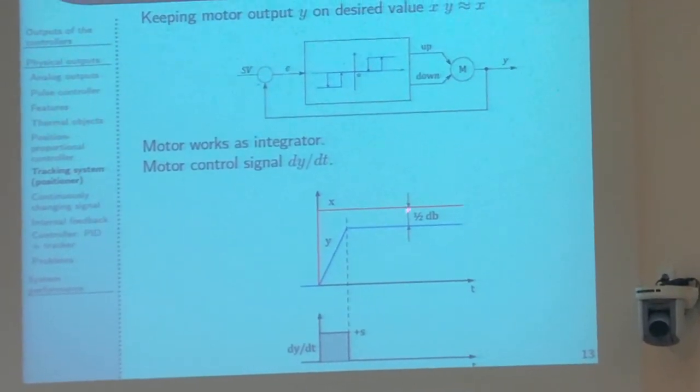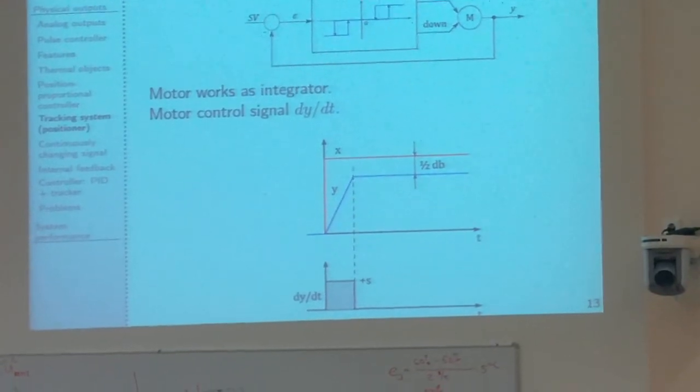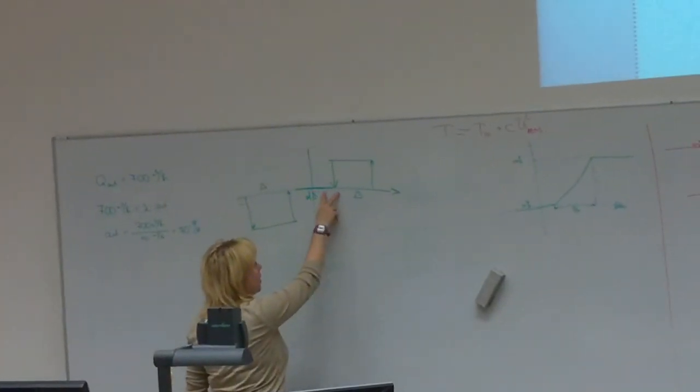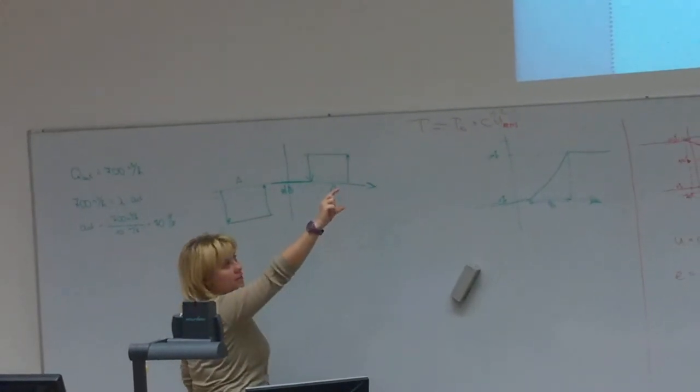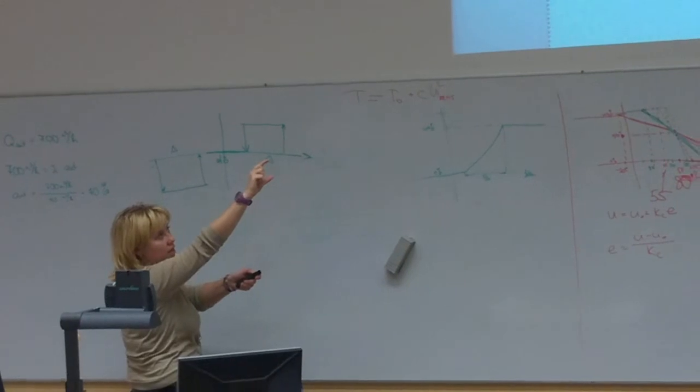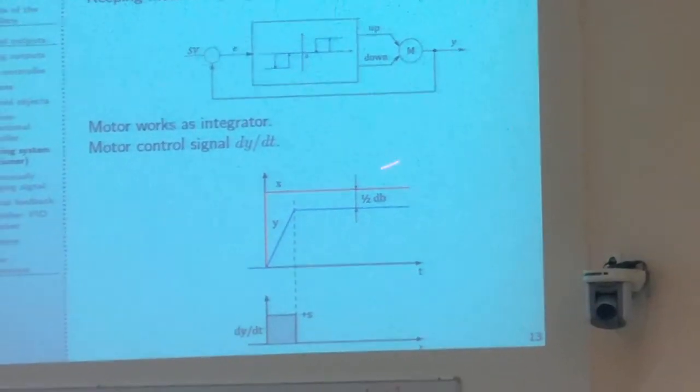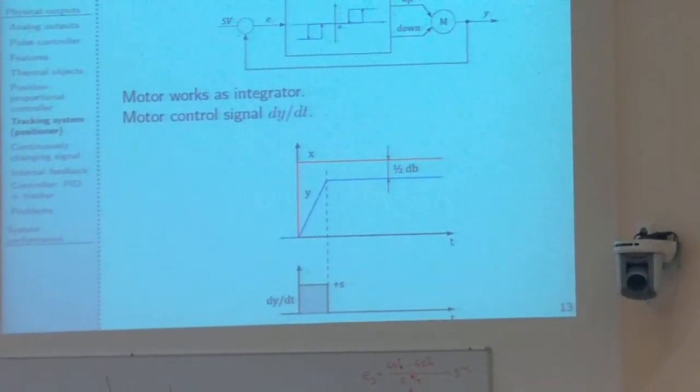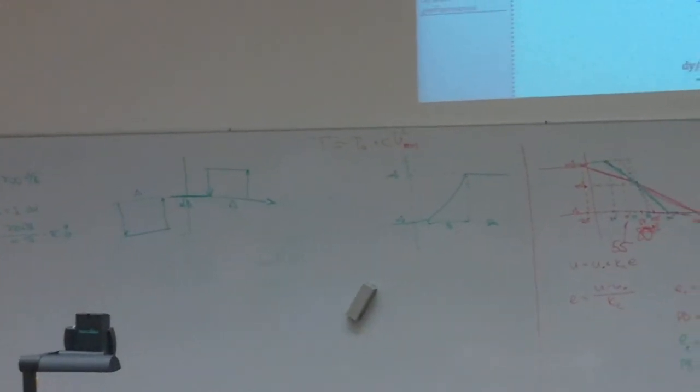So you should understand, because we have this zone, we always have some difference between the desired signal and what we have in the real situation. And the difference will be half of the dead zone.